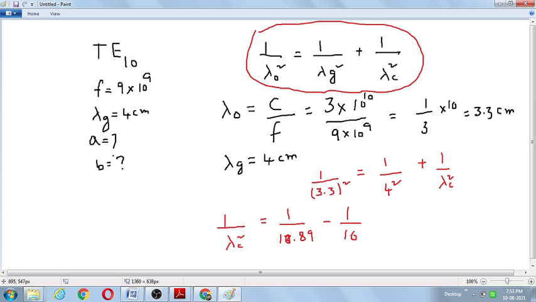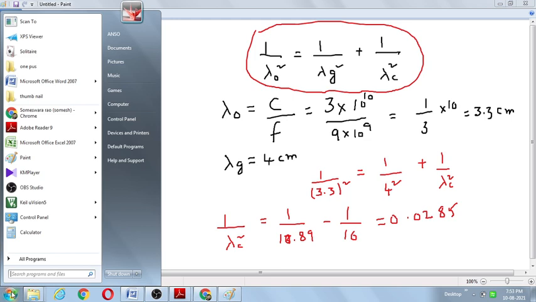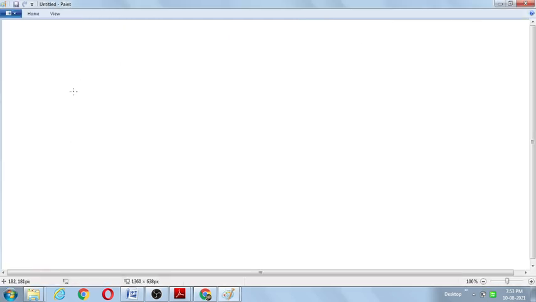Substituting these values, we'll get 0.0285. So 1 by lambda c square is equal to 0.0285.